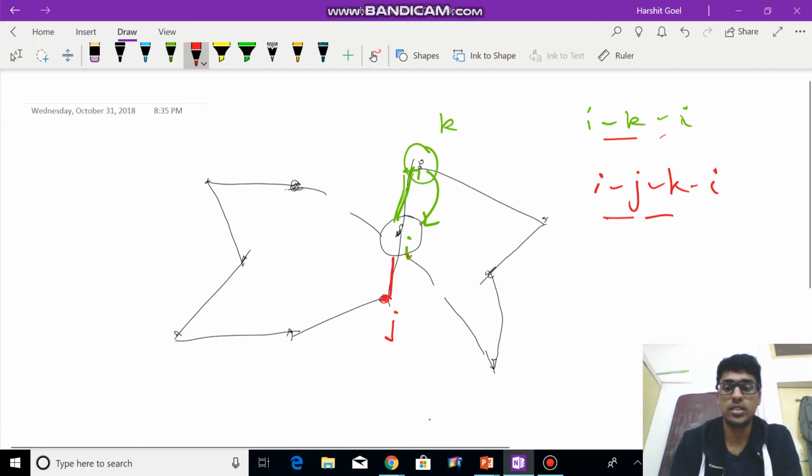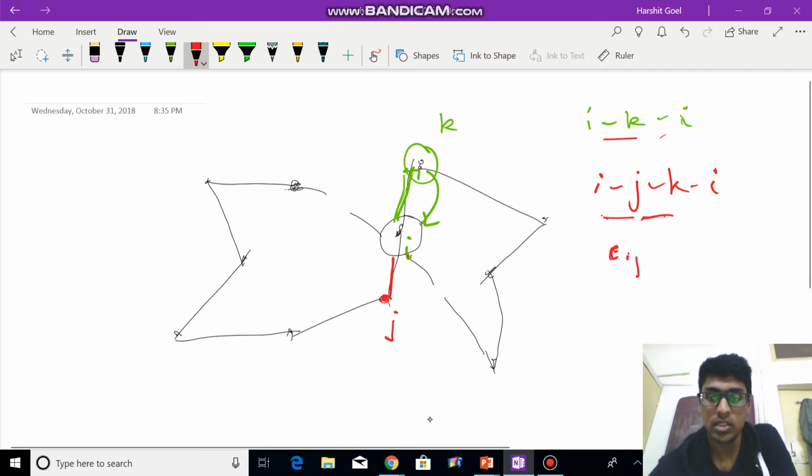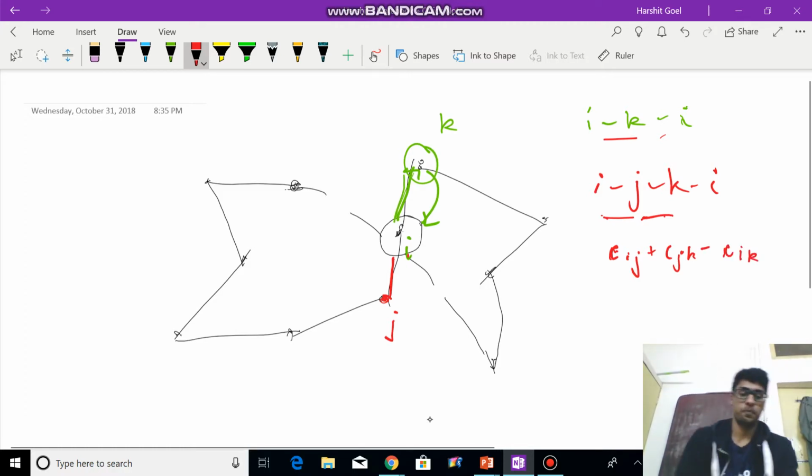The new distances we are adding are c_ij and c_jk, and the one we are cutting is c_ik. So we need to make sure that c_ij plus c_jk minus what we have removed, which is c_ik, is minimum.